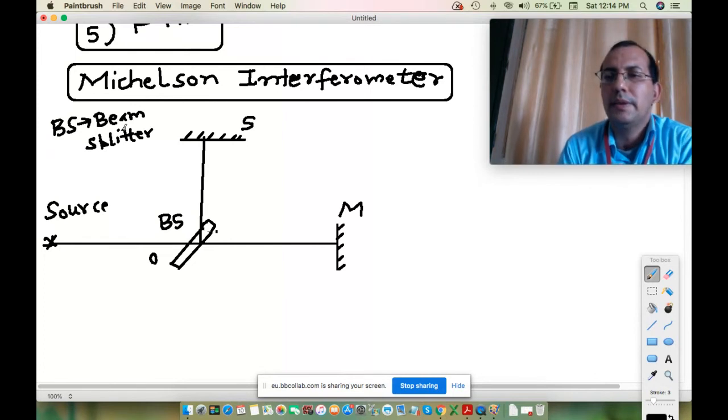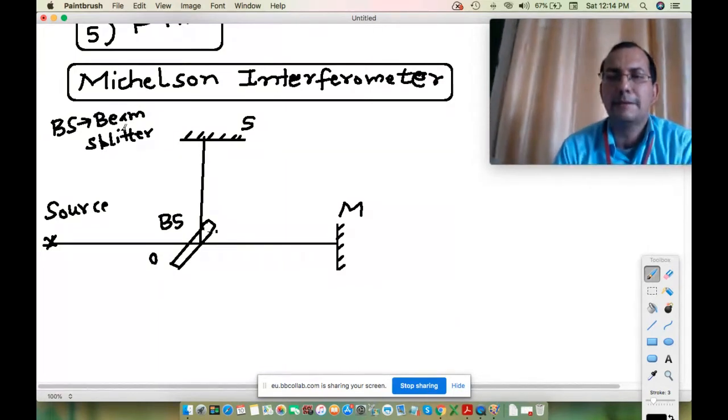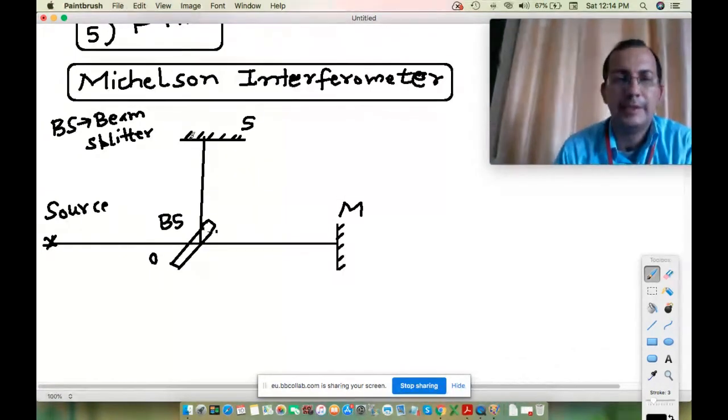So what is the main aim of ours in this case? What we would like to say is that in the case of the Michelson interferometer, you have a source which is emitting monochromatic light, and then you have a beam splitter. A beam splitter is a component which divides the incoming beam into two parts. One is going to be transmitted through the beam splitter, and the second would be reflected back.